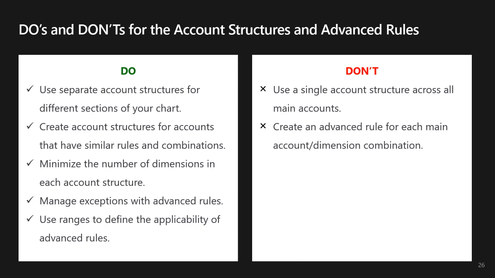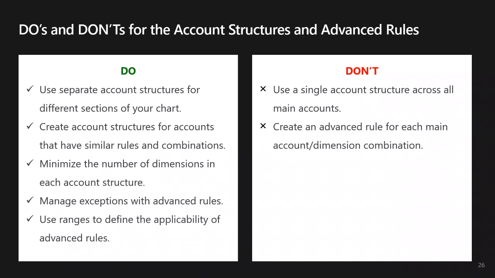When you're thinking about advanced rules, if you have 10 to 20 of them, you're likely good to go. If you start getting into the hundreds of advanced rules, then pause, take a step back and see if there is another way to configure this to simplify it.